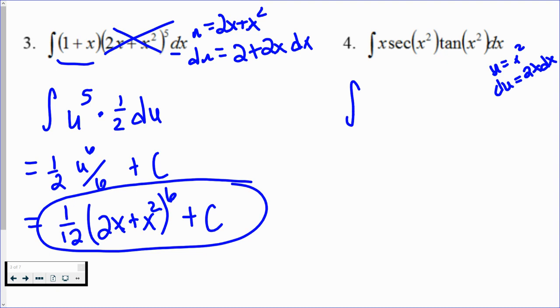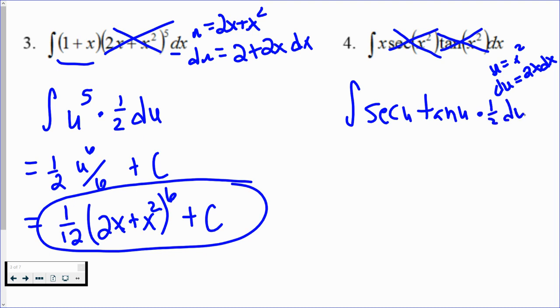The secant of x squared times tangent of x squared, we could say is secant of u times tangent of u. Now we've taken care of this piece and this piece. All we have left is x dx. So think about what we have. du is 2x dx, so we have 1/2 of that. So we're going to say this is times 1/2 of du.